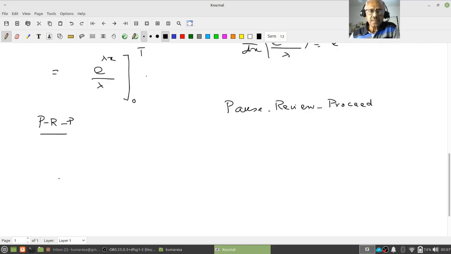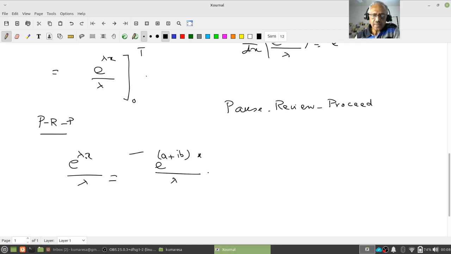Now how do I compute this? Again, let us go back. Remember e power lambda x by lambda, let us write it as a complex number. This is going to be e power (a plus I b) times x by lambda, which is e power ax cos bx by lambda plus I times e power ax sine bx by lambda.